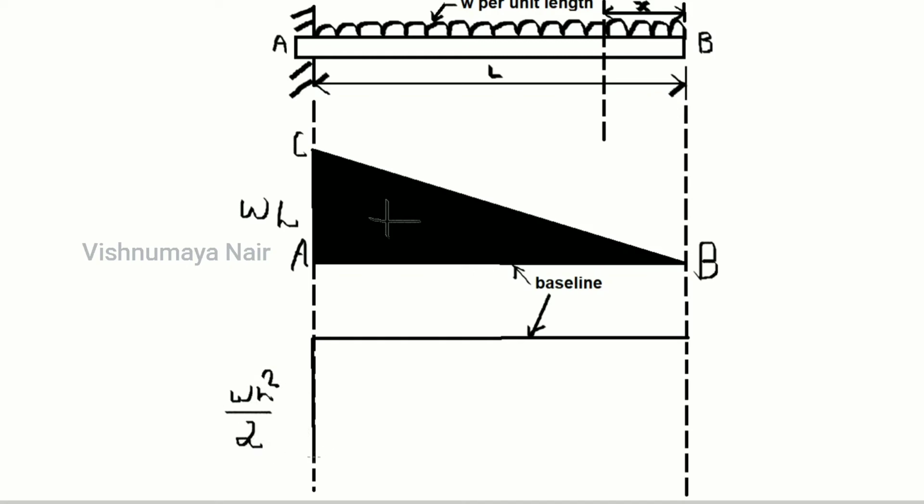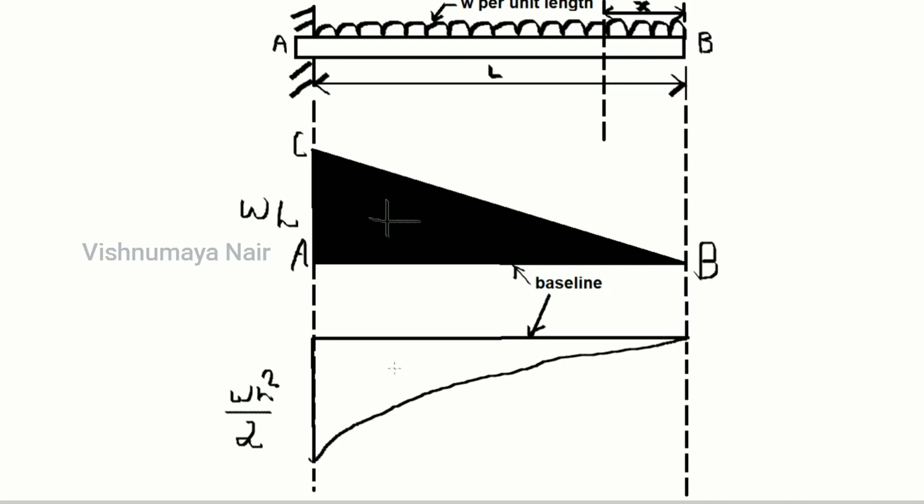Now we have to join these 2 points, right? But we cannot join it using a straight line. We have to join it using a parabola because bending moment follows a parabolic law. That is, bending moment is proportional to the square of the distance of the section from the free end. So we have to indicate that using a parabolic curve like this.